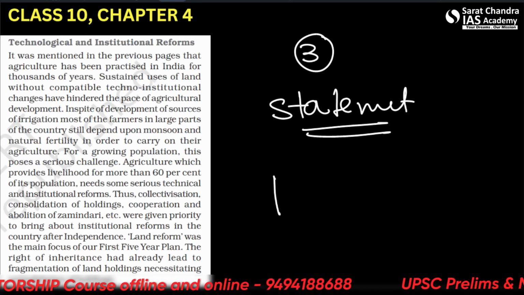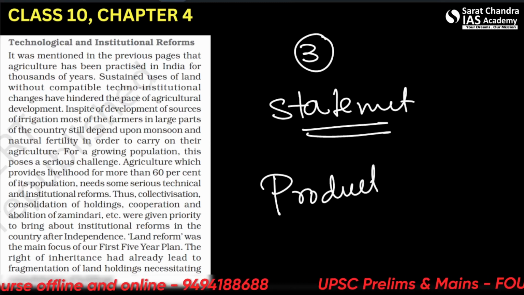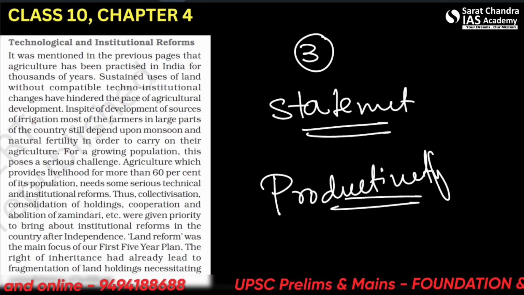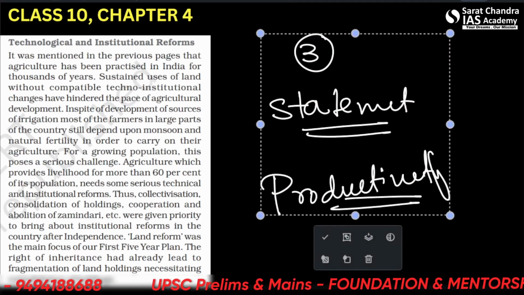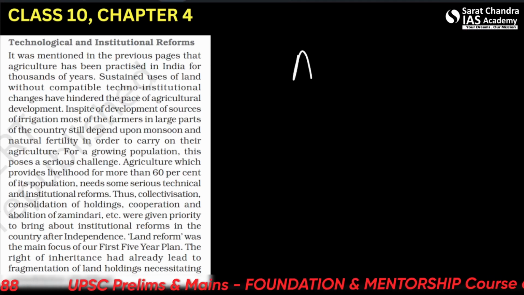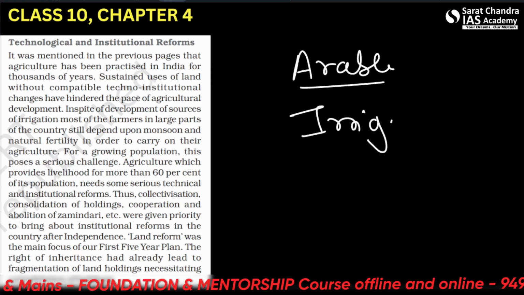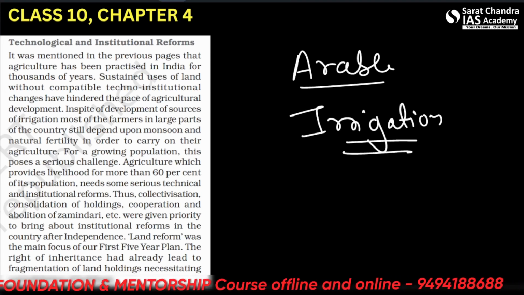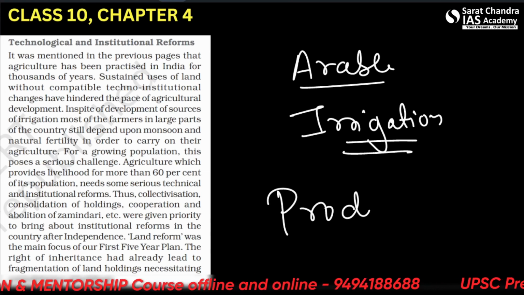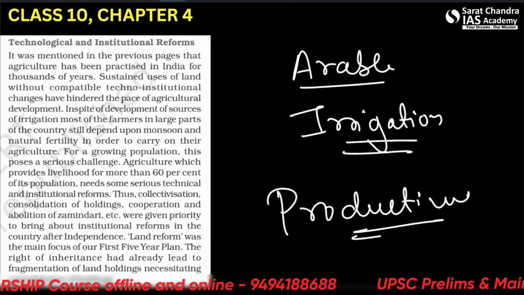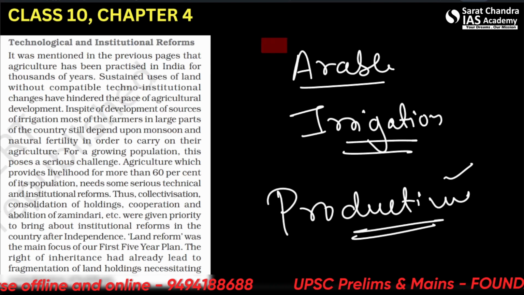When we come to productivity, two statements were interconnected somewhere, the arable area and irrigation. But we don't know about the productivity. So let's see what NCERT says.